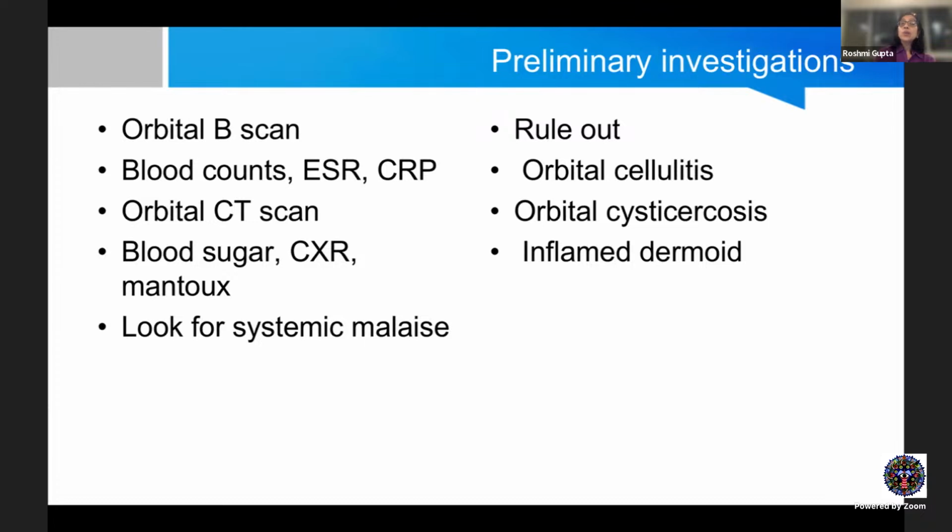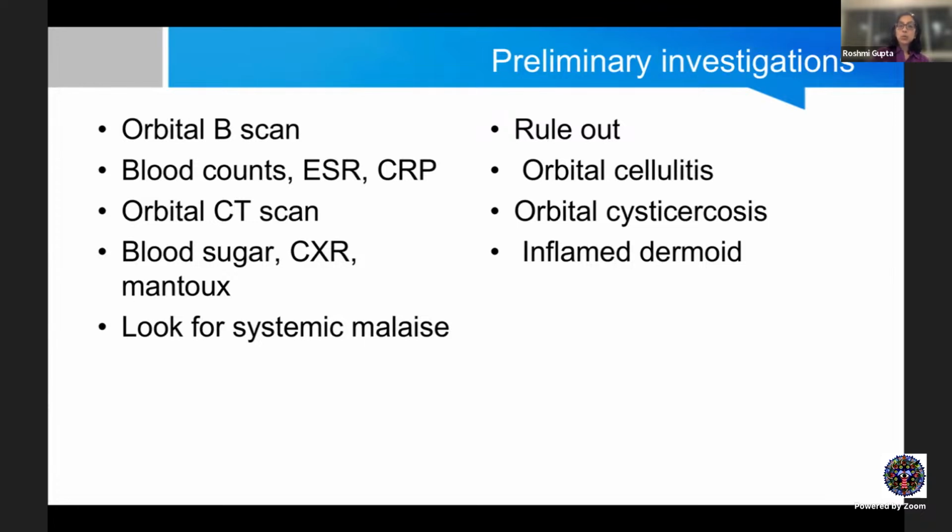Well, if we do an orbital B scan, that rules out the localization of a cystic lesion, which could be an orbital cysticercosis, it could be an inflamed dermoid. The oily material leaking from a dermoid can also set up a pretty typical orbital inflammation-like picture. So an orbital B scan is very easy to do.